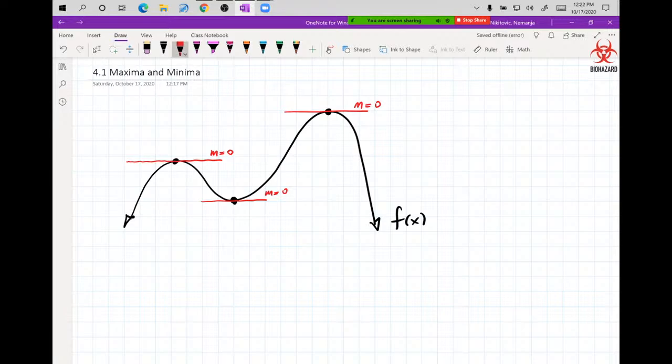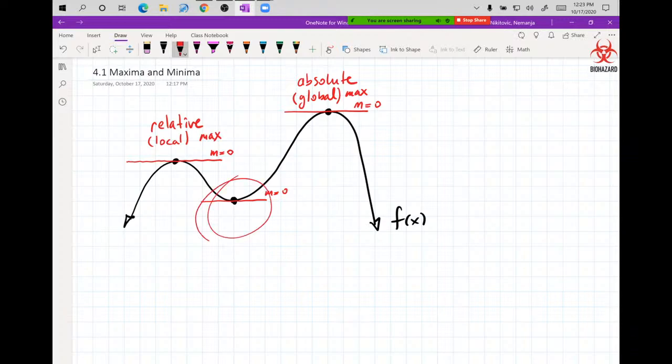The one on the left will be called relative or local maximum. I don't care which word you use. The one on the other side is called the global or absolute maximum. Let's go absolute, also known as global. Why? Because it's the highest maximum that we have.